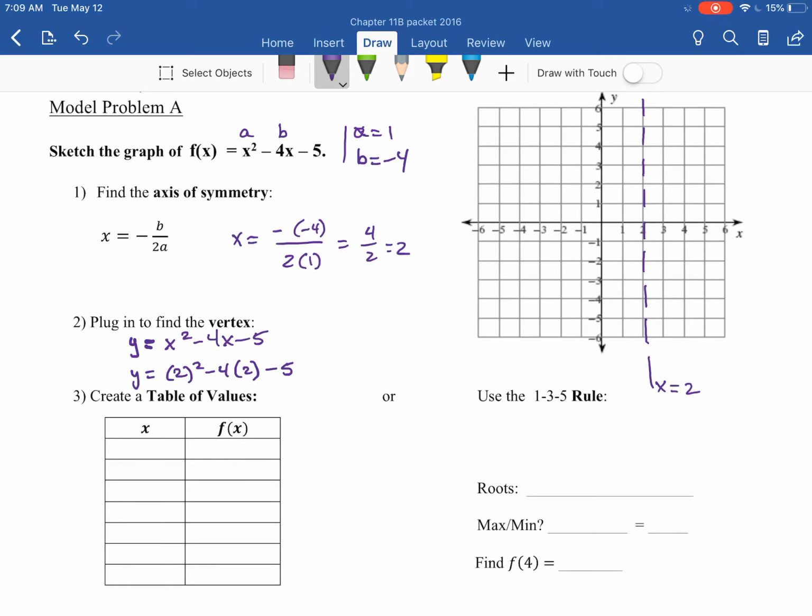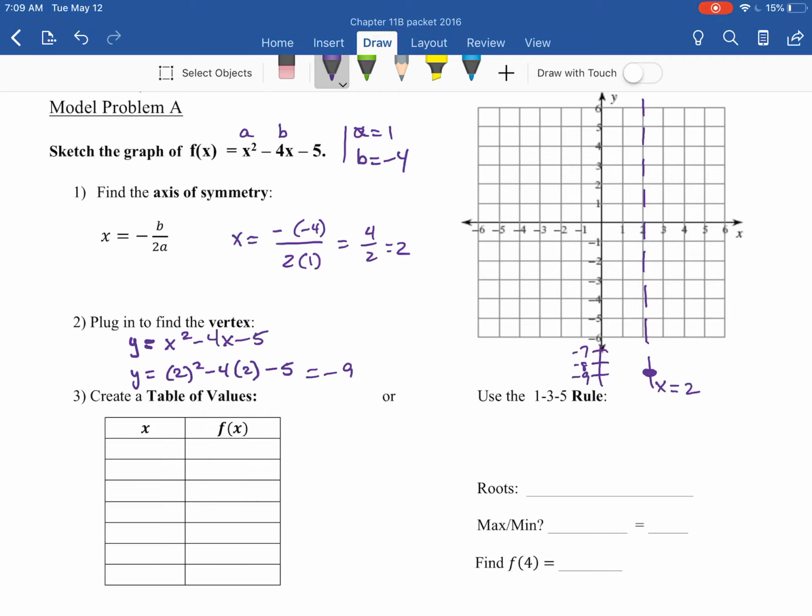Let's see what we get. 2 squared minus 4 times 2 minus 5 is -9. Okay, oops, not on the graph, so I'll just make some lines down here, and I'm going to put a dot there. That's the point 2, -9. And that's where I'm going to start my graph.